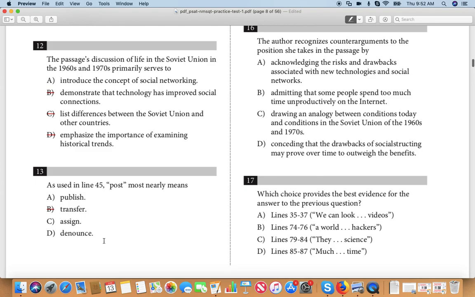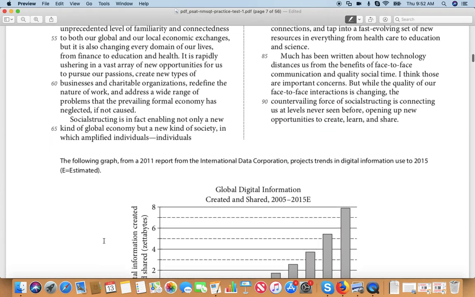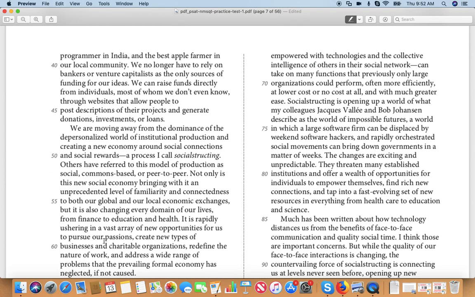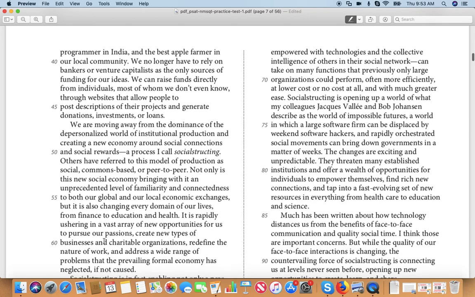Try plugging in C, assign. We can raise funds directly from individuals, most of whom we don't even know, through websites that allow people to assign descriptions of their projects and generate donations, investments, or loans.